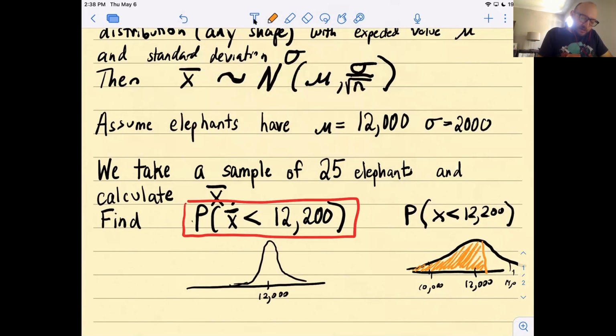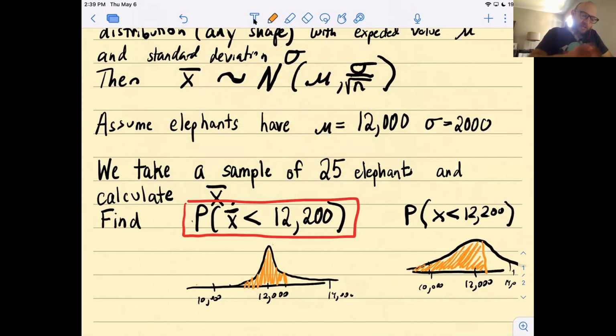But the chance here, because it's a steeper bell curve, and I guess it's not the most convincing picture, maybe if I draw it like this. There's 12,200. There's, let's say, 14,000, and here's 10,000, and here's 12,200. It's going to look like this. This is not to scale.